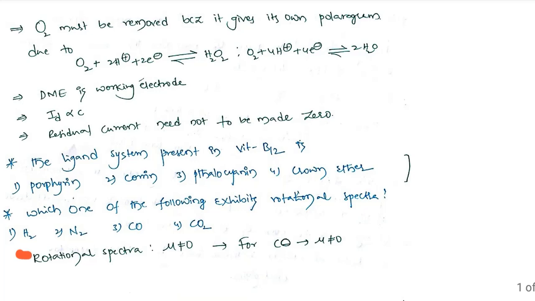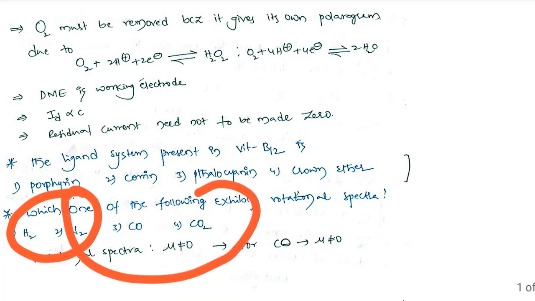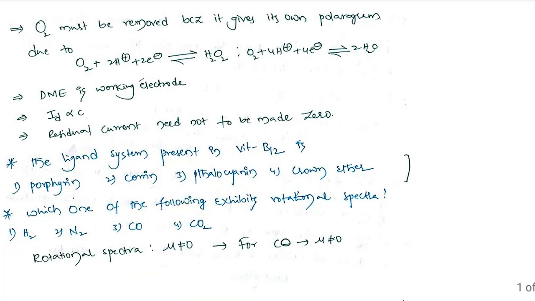If you look at all 4 species given here, carbon monoxide has a dipole moment not equal to 0, whereas H2, N2 and CO2 all have dipole moment equal to 0. The first two are homonuclear, and carbon dioxide has a center of symmetry. That's why all of them have dipole moment equal to 0, whereas the heterodiatomic molecule CO has a nonzero dipole moment. So the third option is the correct answer.